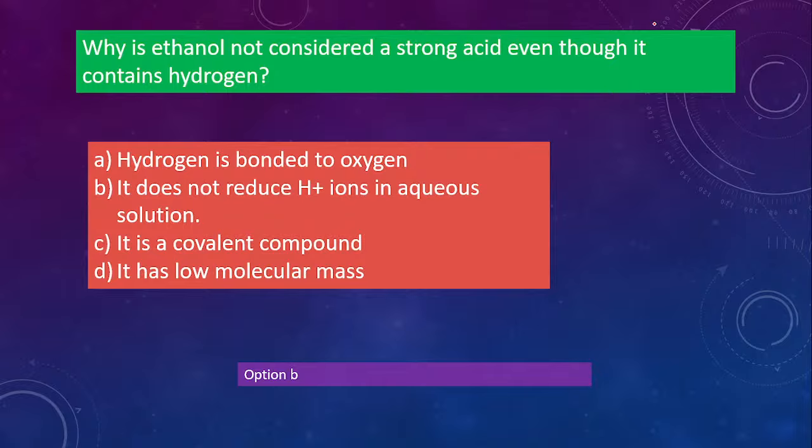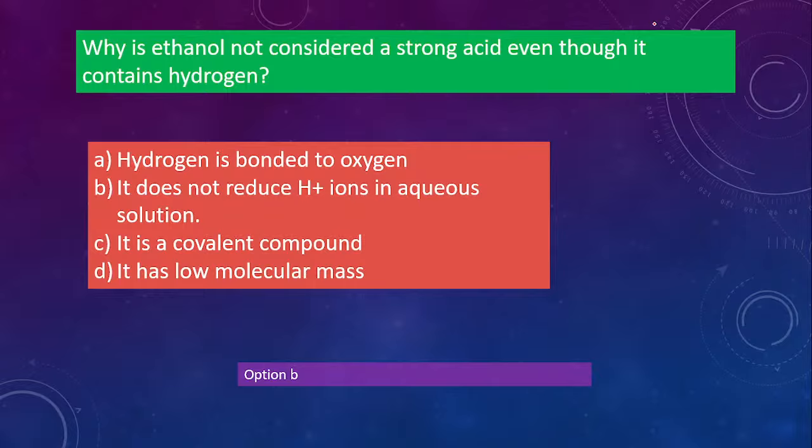For that, H plus ions are required in aqueous solution. When H plus ions are released with water, then it forms hydronium ions, right? H3O plus ions. So ethanol cannot produce H plus ions when it is mixed with water. So that's why it is not considered a strong acid. I hope I am clear.